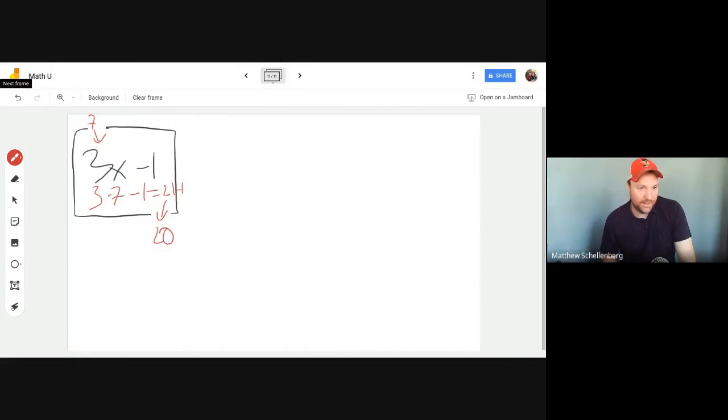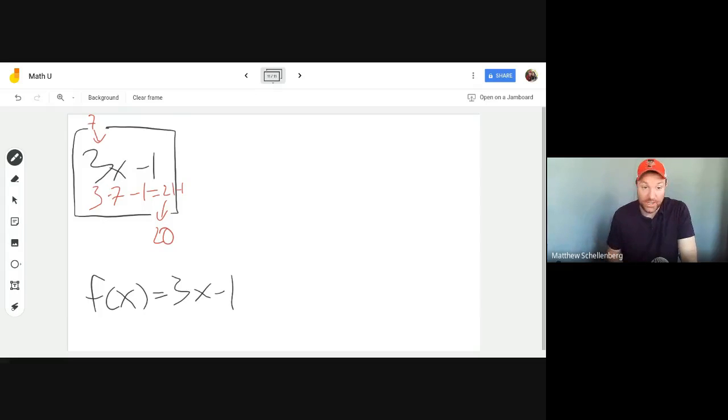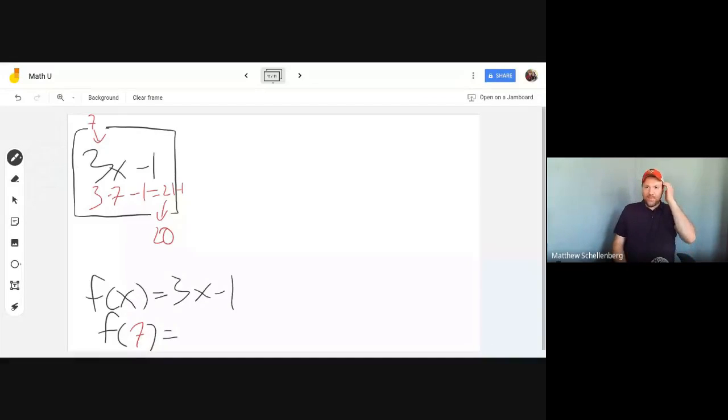It does different things. How would we write this for function notation? This would be f of x equals 3x minus 1, right? This defines what the machine does to the number. And it is followed by what we plugged in. So we plugged in a 7. And this is where some people get confused. They don't know what to do with this 7.